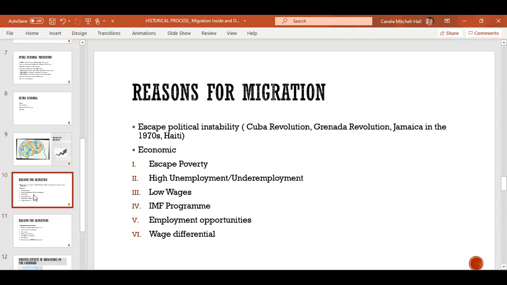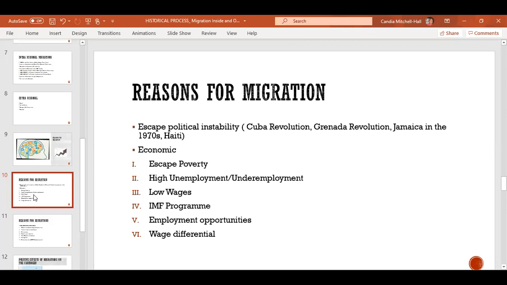So if you go to Florida right now, ladies, you will think that you're in a Spanish-speaking country. Actually, they speak more Spanish than English in Florida, right? Or maybe because Florida was originally controlled by the Spanish, so they settled it by default. So to escape political instability is one reason.